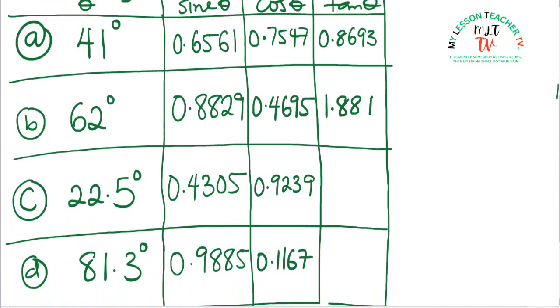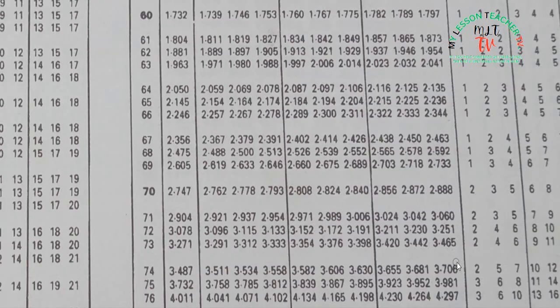While for tan 22.5, you check for 22 under 5.